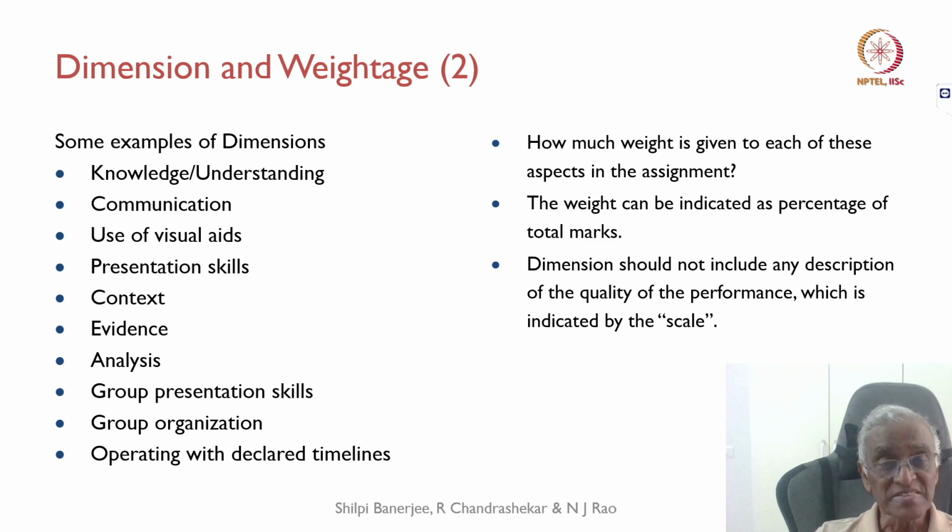For example, if you consider communication more important than use of visual aids in a short presentation, I may give more percentage weightage to communication than the visual aids. And the weight can be indicated as a percentage of total marks. If there are total 100 marks, I can indicate the importance or the weightage that I am giving by percentage of that.